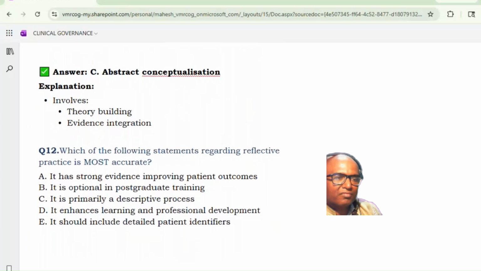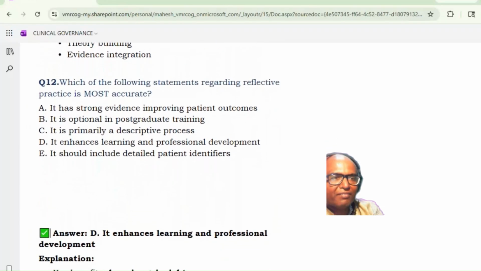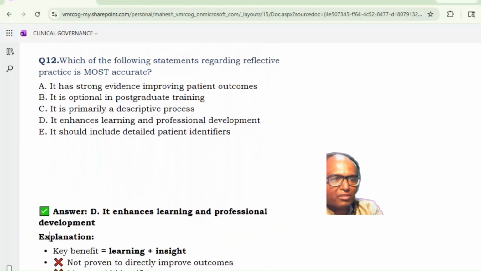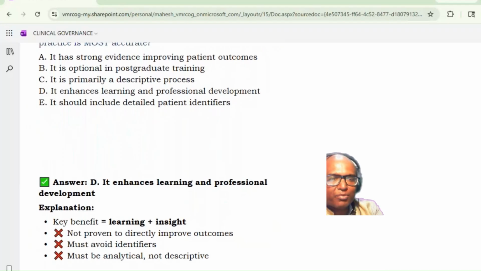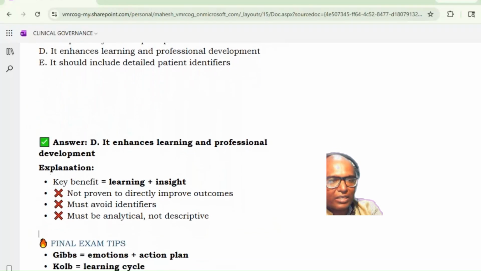It is D, it enhances learning and professional development. Yes, and there is no strong evidence that it improves patient outcome. So it enhances learning and professional development. A key benefit: learning plus insight. It's not proven to directly improve the outcome. Must avoid identifiers and must be analytical and not descriptive.